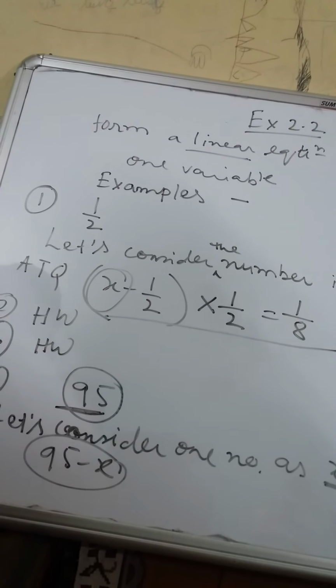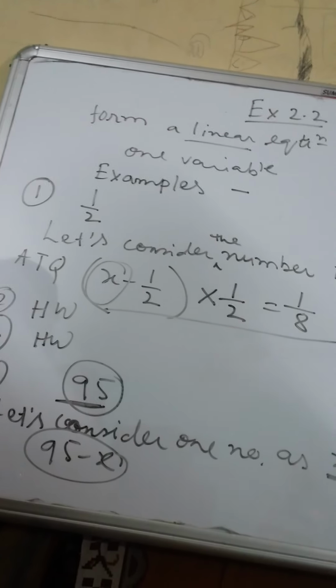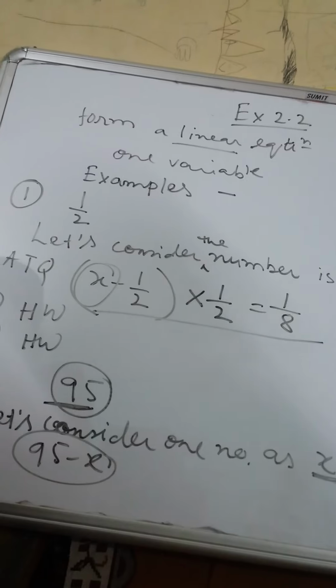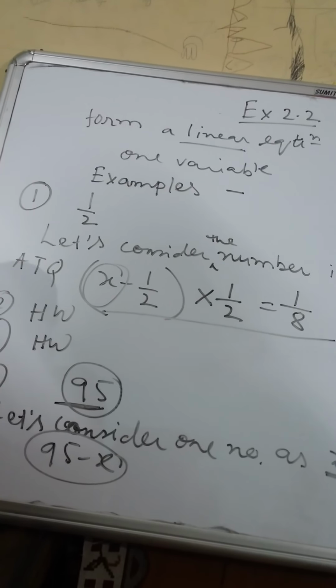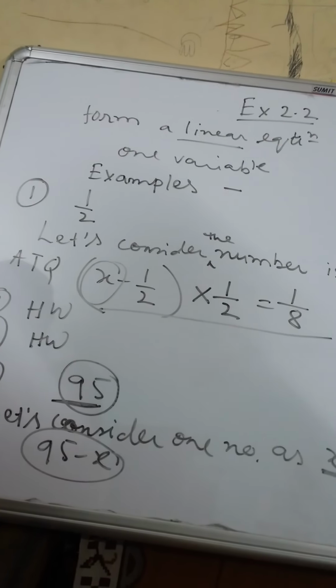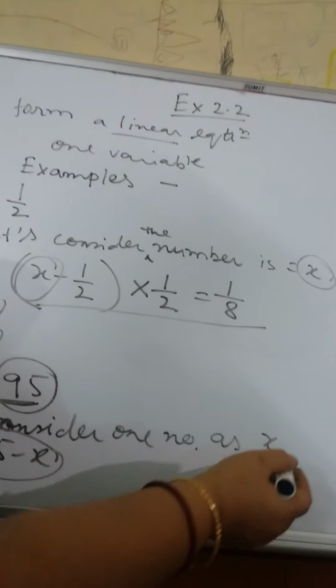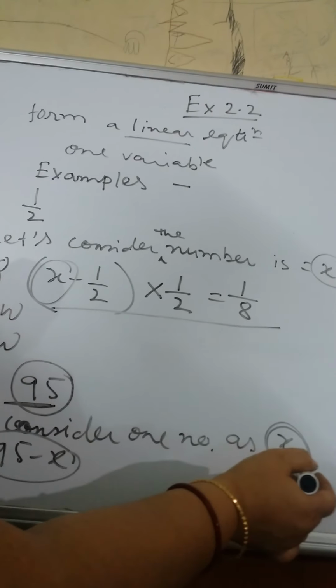That second condition that is given, if one exceeds the other by 15. Exceeds means greater. That means one number is greater than the other number by 15. Say x is the greater among the two numbers.